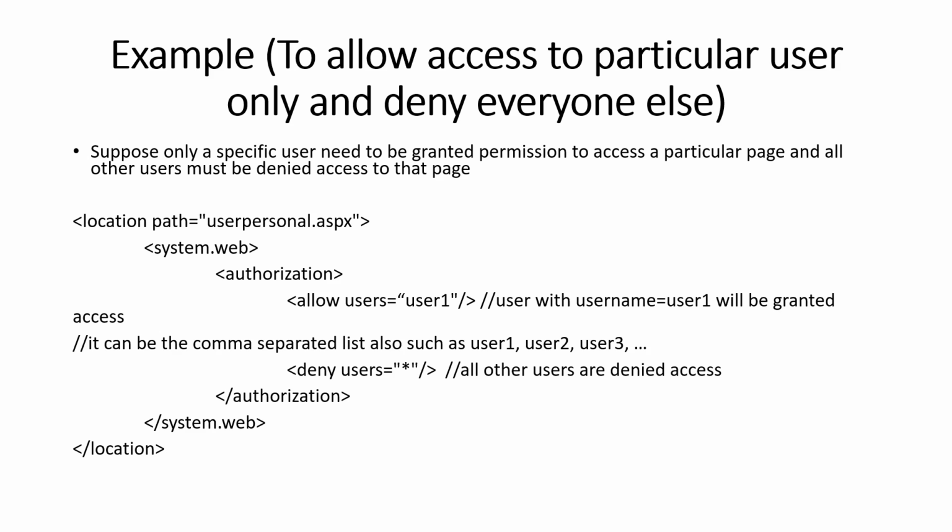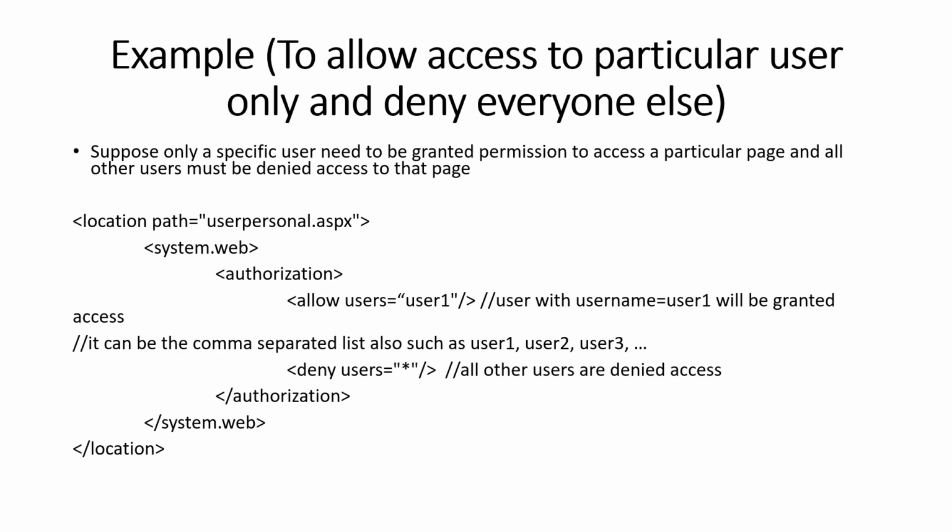In the location tag, we specify path equal to userpersonal.aspx. It means this is the page where we want to restrict access to a certain number of users. In this path we specify a web page, or we can also specify a folder name which contains a number of web pages.